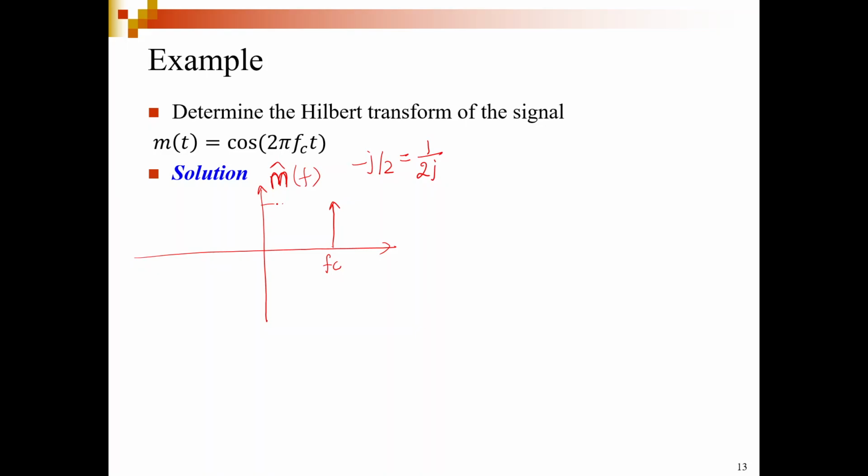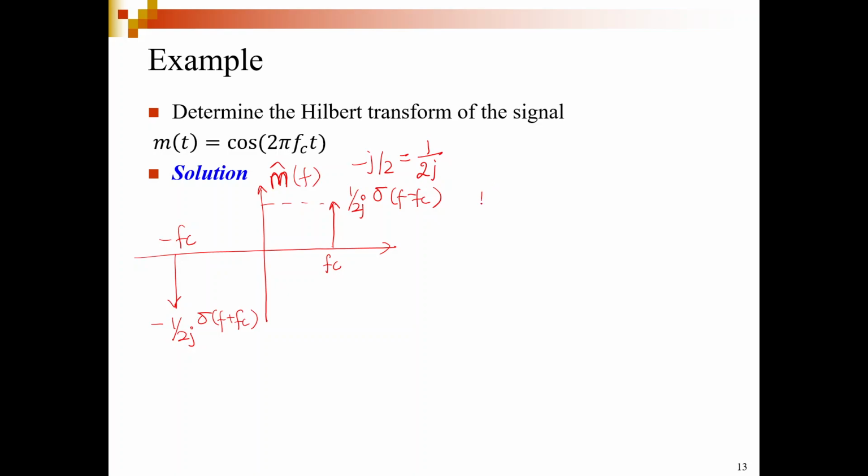So we are going to write the spectrum at fc as 1 over 2j into delta of f minus fc. Similarly, at minus fc, it is going to be minus 1 by 2j into delta of f plus fc. So this is the impulse at minus fc.